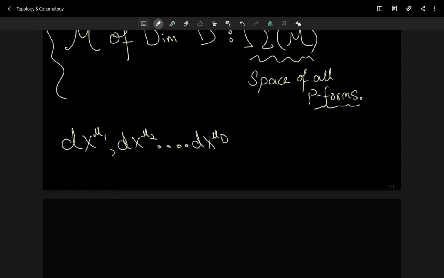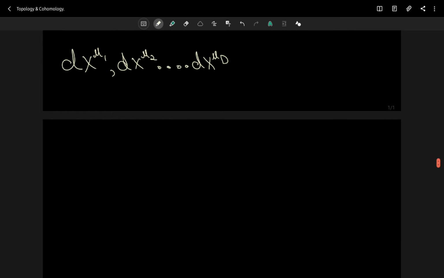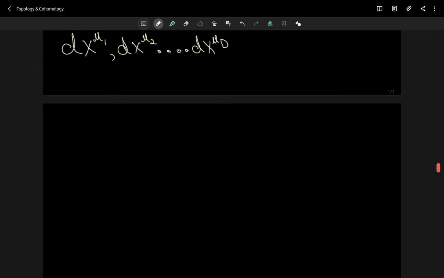With this, any P form on this space can be written as a linear combination of independent p-dimensional collections of the basis forms.